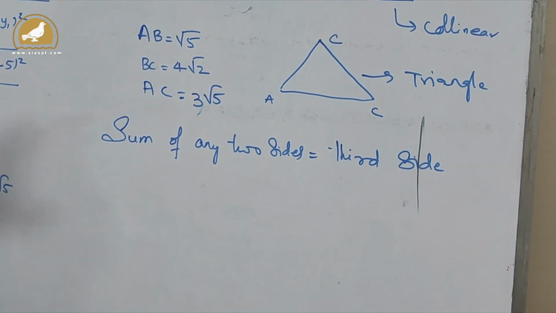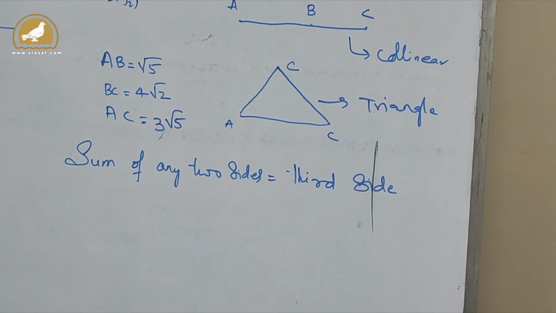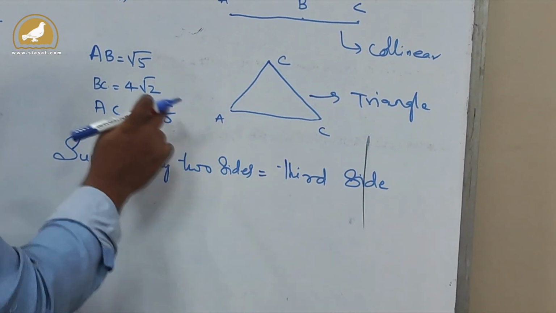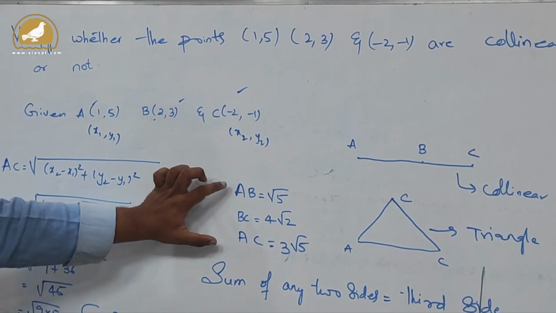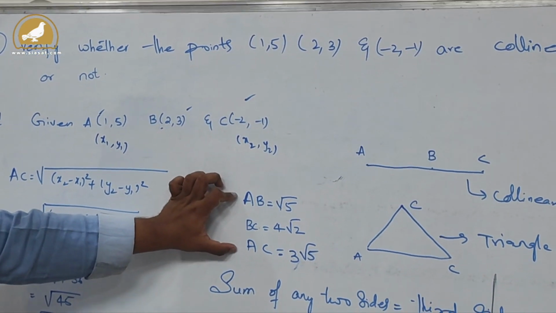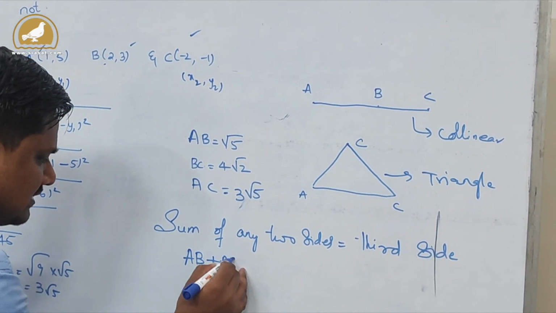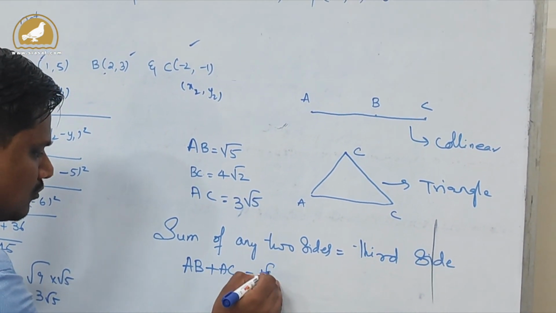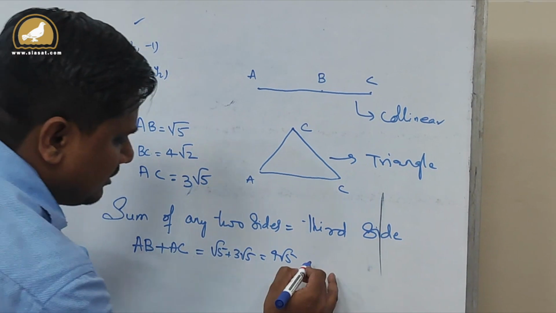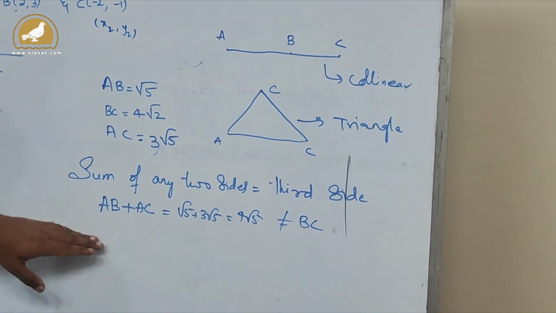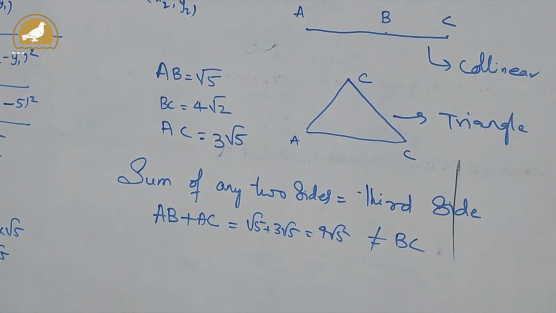If I add any two sides and get the third side, then I can say that these 3 points are collinear. If I add AB and AC, that will be root 5 plus 3 root 5, which is 4 root 5, but that is not equal to BC.